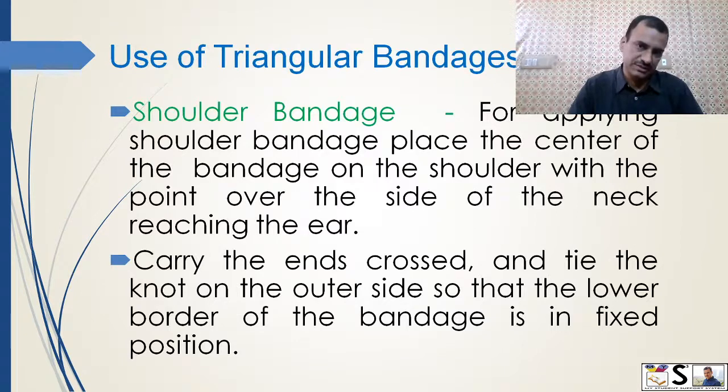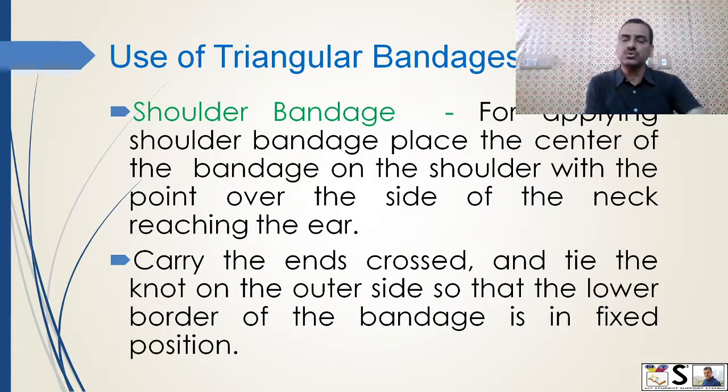Now shoulder bandage. For applying shoulder bandage, place the center of the bandage on the shoulder, base towards this side and point towards the side of the neck, reaching to the ear. So the point should be up to this side.